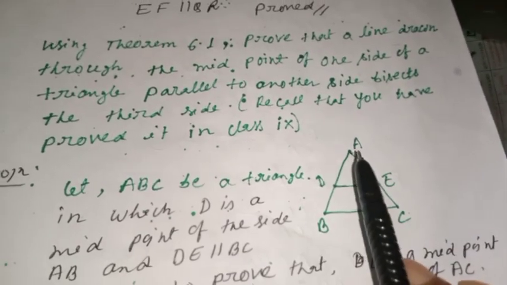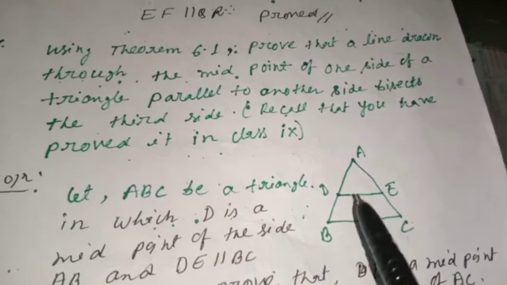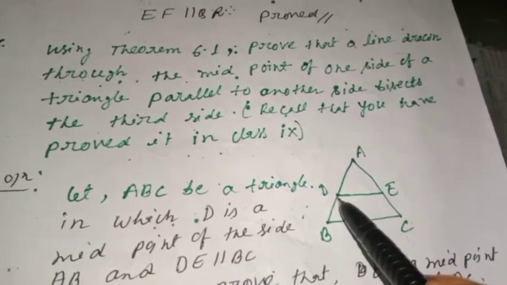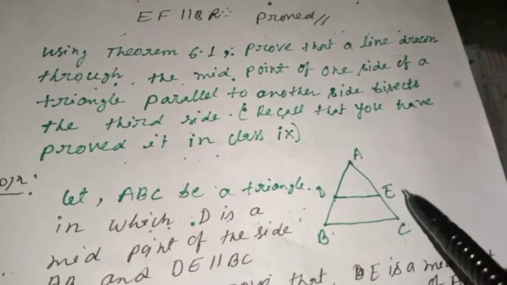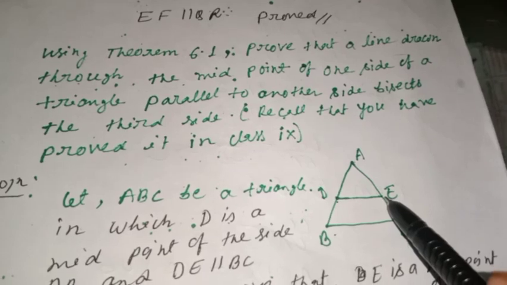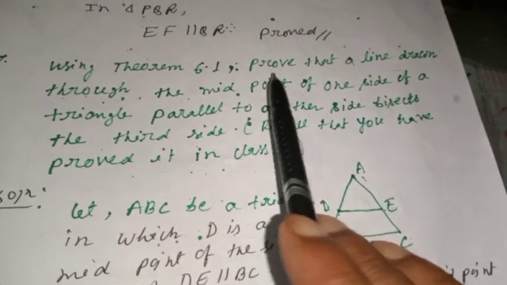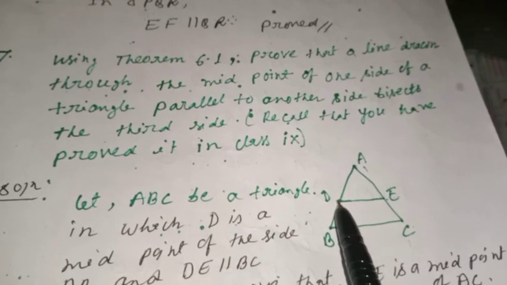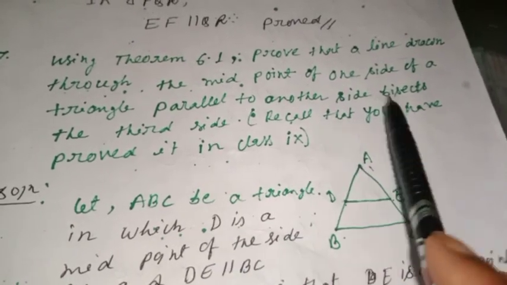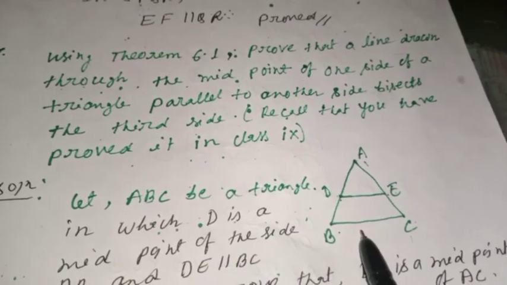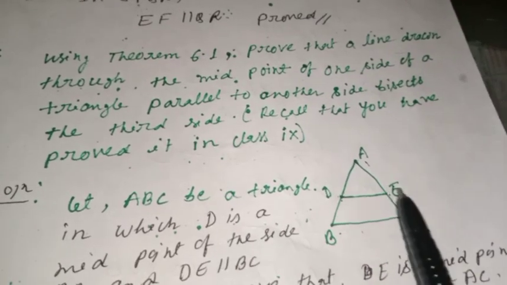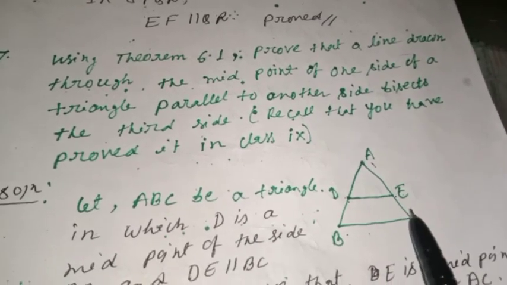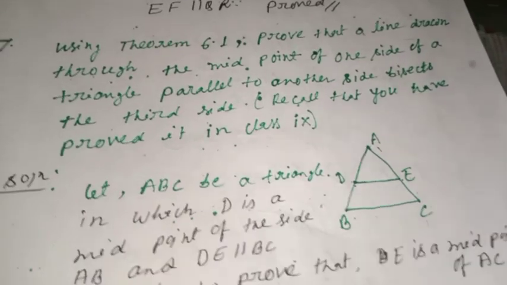If you take a triangle ABC, according to the question, suppose D is a midpoint of AB and you need to prove E is a midpoint of AC. A line drawn through the midpoint of one side AB of a triangle parallel to another side, means DE is parallel to BC, it bisects the third side, means you have to prove E is a midpoint of AC. So this one you got in class 9.